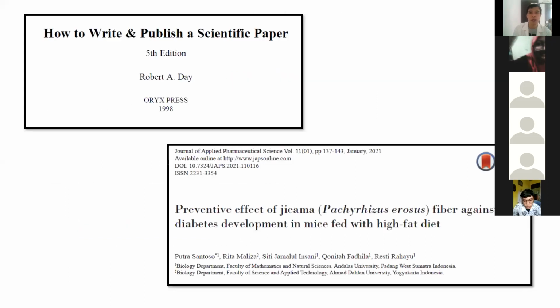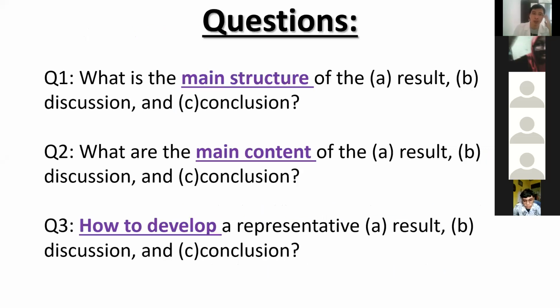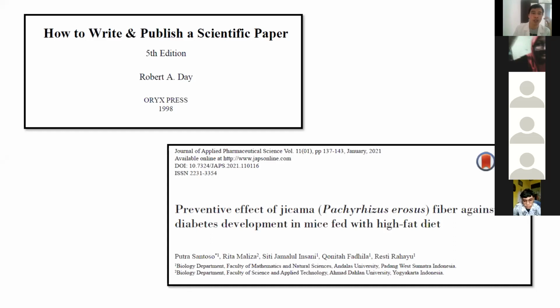In understanding these three questions, I believe that Professor Dahil may have shared with you previously how to write and publish a scientific paper. This is a kind of summary. You could also read and explore other references that are readily available on the internet. You could download them and understand them to deal with these three questions.